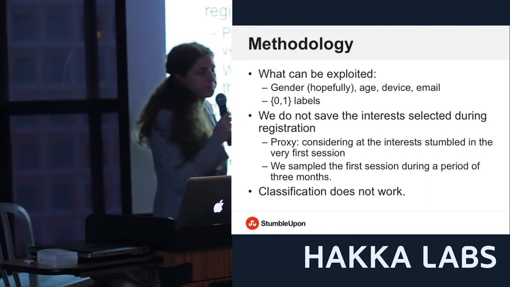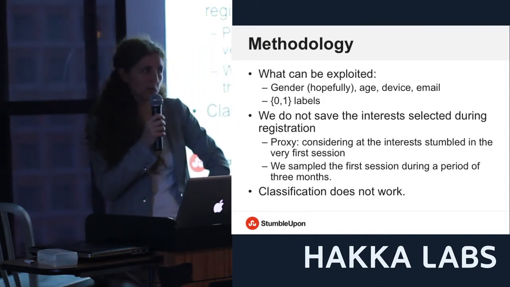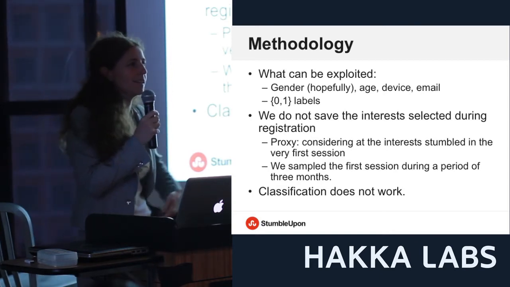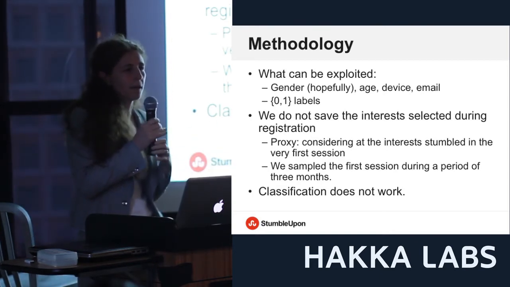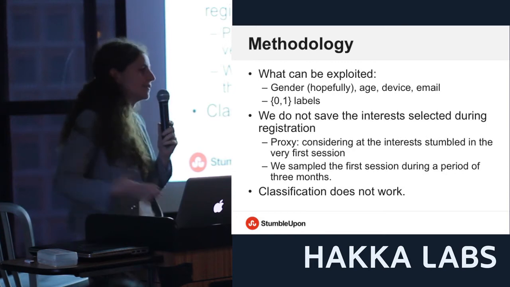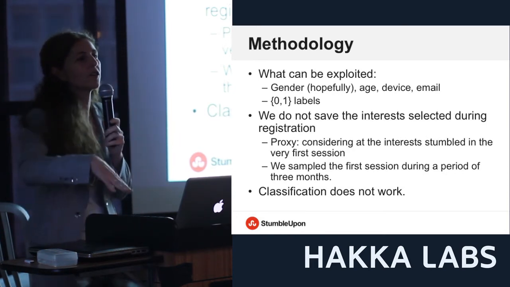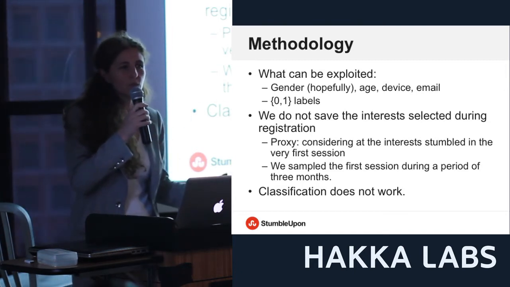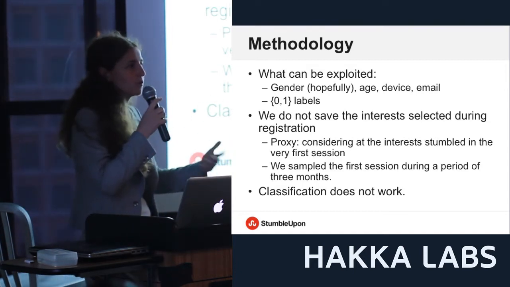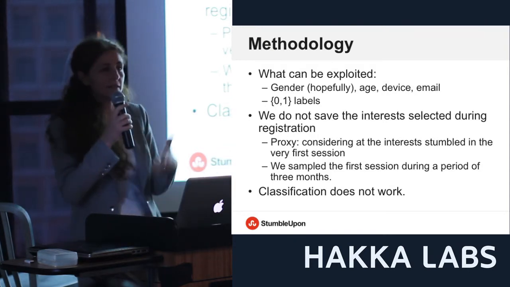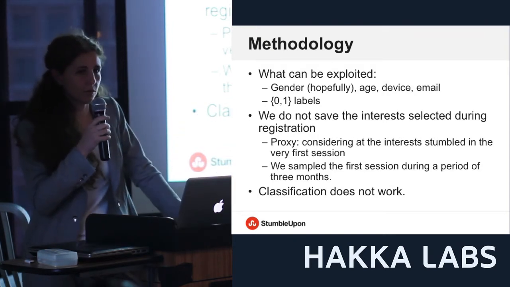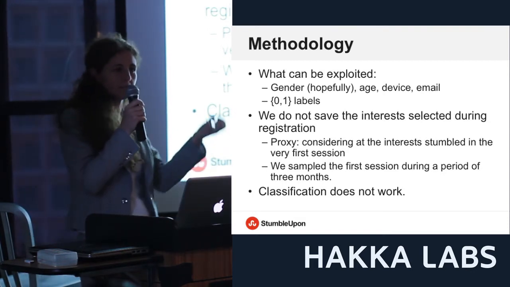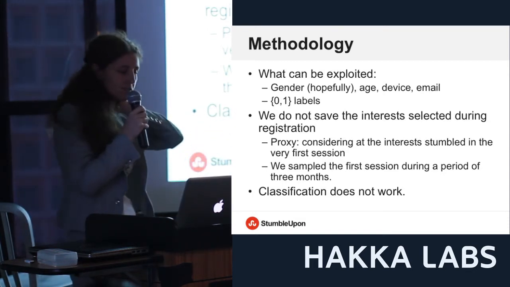Big problem: we don't save interests, we don't have in our data the interests that the user saved at registration. We have in our data set only the interests at the current moment. And obviously, as part of the recommendation, we present the user with, you liked mathematics, do you want to browse also physics? So we really don't know what the interests are at the registration moment.